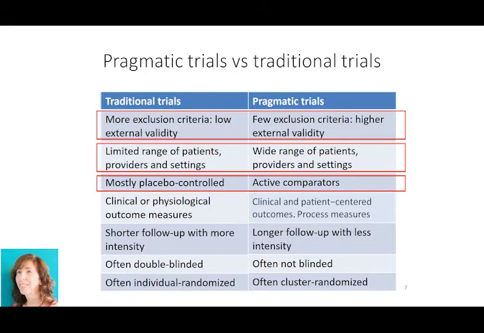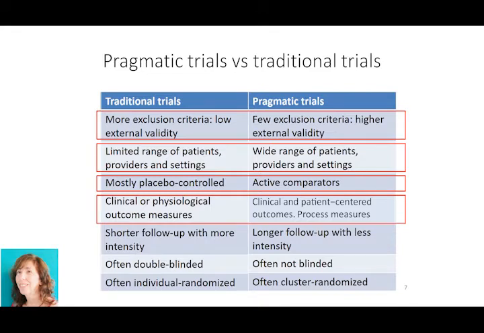In the case of traditional trials, depending on the study, we can use active or placebo controls, while in pragmatic trials, usually we use active controls, such as usual care, for example, or enhanced usual care.